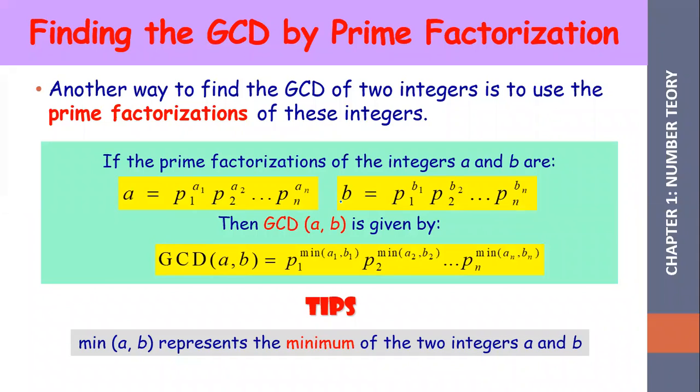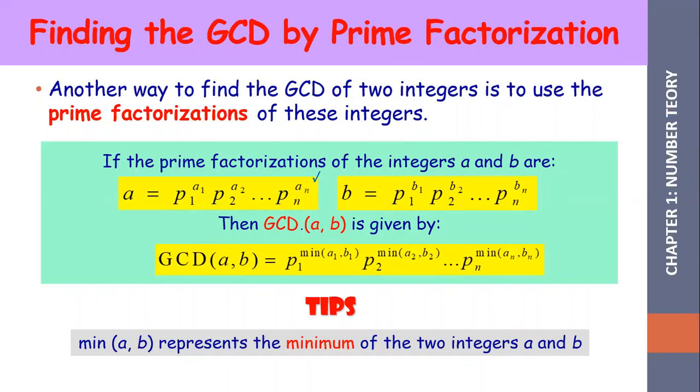Now we move to the second method of finding GCD, by prime factorization. Again, we have a sequence of prime factorization. P stands for prime. This one is A. I will give you the example after this for your better understanding.